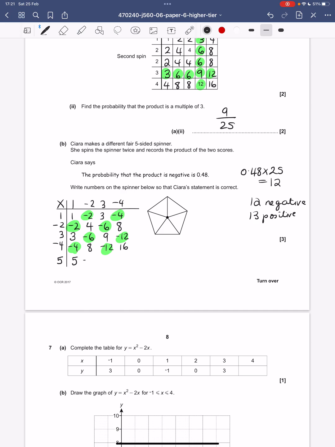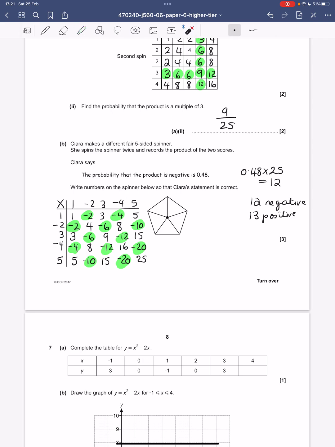We get 5, minus 10, 15, minus 20, and that would be a 5. That'd be 25. 1, 2, 3, 4, 5, 6, 9, 10, 11, 12. Yeah, so we have got our 12 negatives.